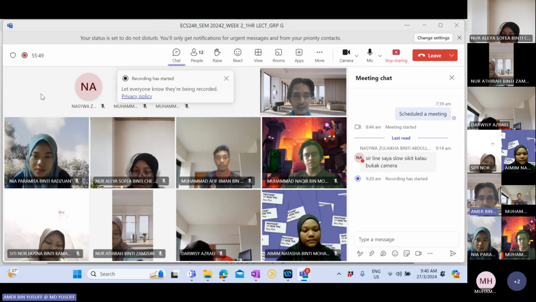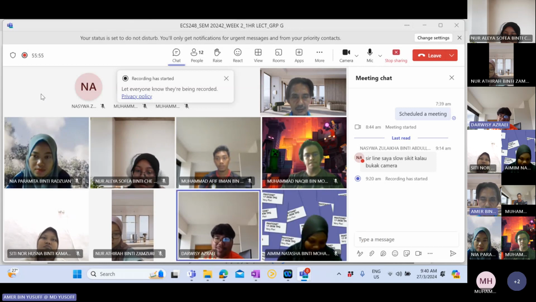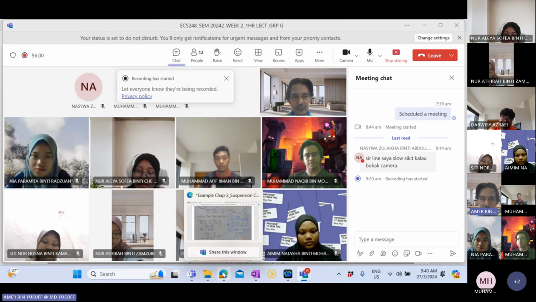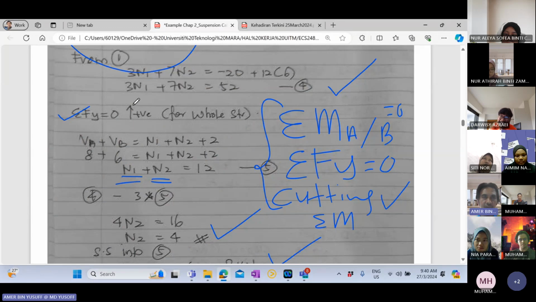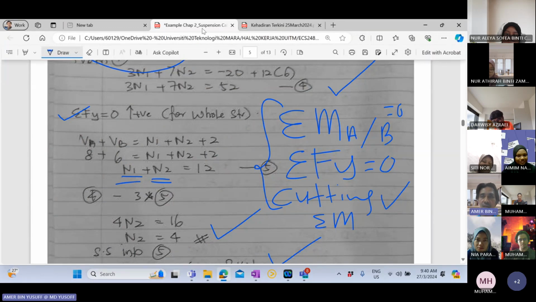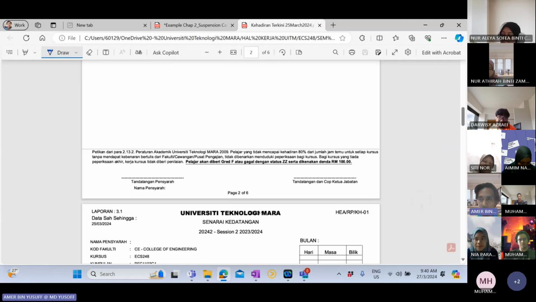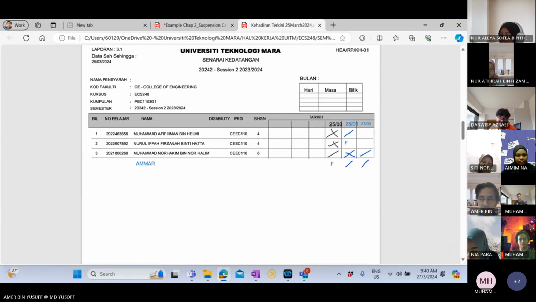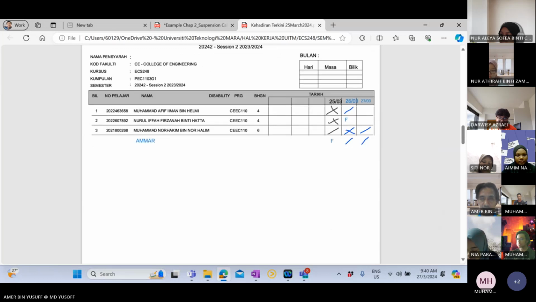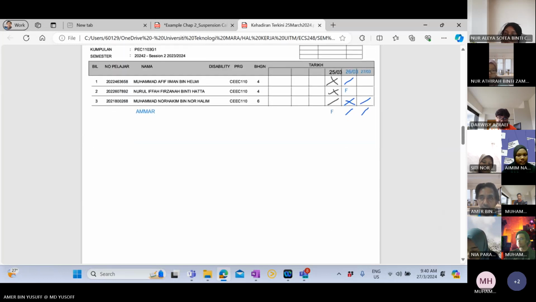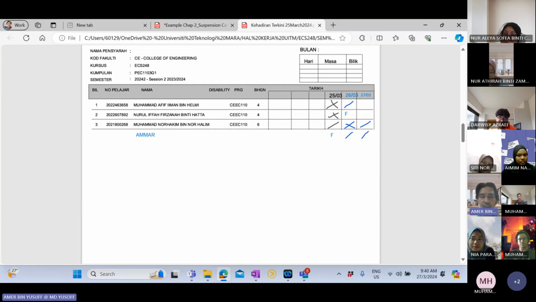Ada yang belum ambil attendance ke? Semua dah ambil dah kan? Dawi dah ambil attendance eh? Belum sir. Dawi lewat. Saya bagi attendance separuh je lah, sebab lewat. Afif tadi ada ke?